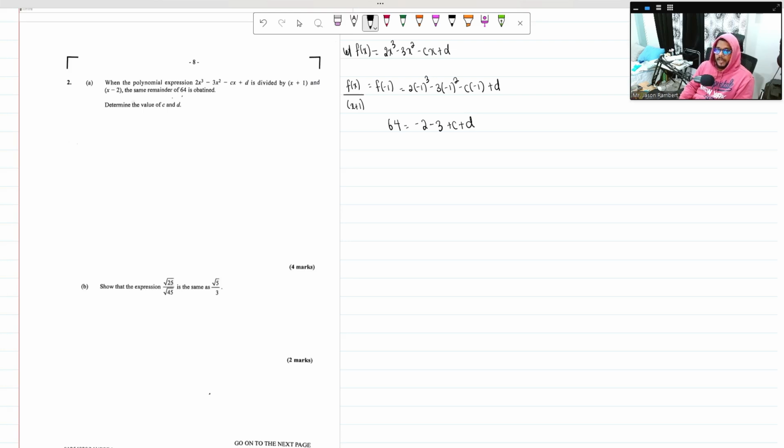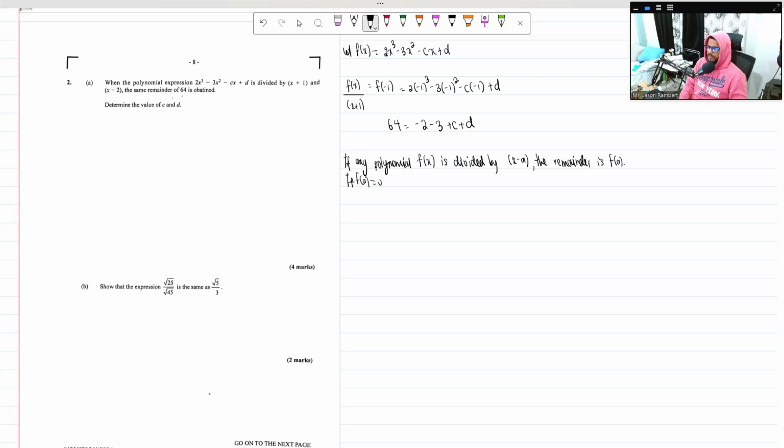Now, I have utilized the remainder and factor theorem here. So I'm going to quote the remainder and factor theorem. If any polynomial f of x is divided by x minus a, the remainder is f of a.